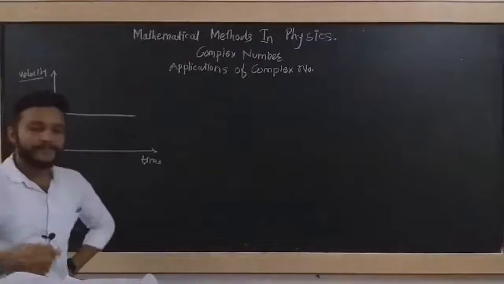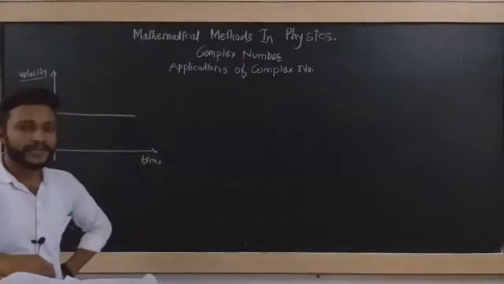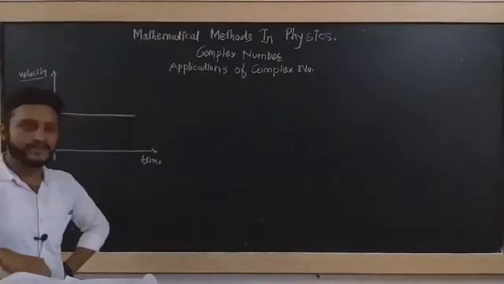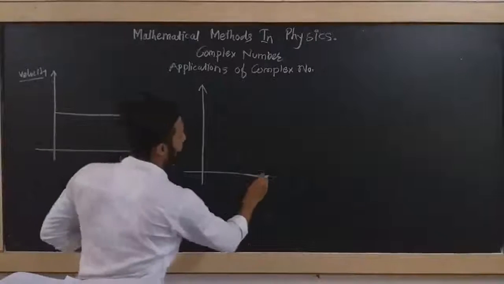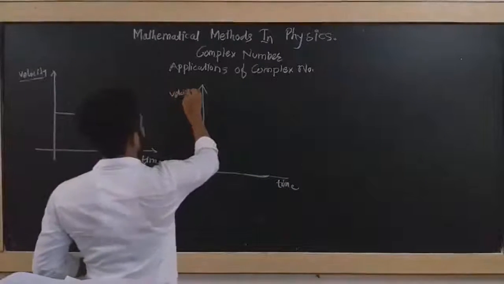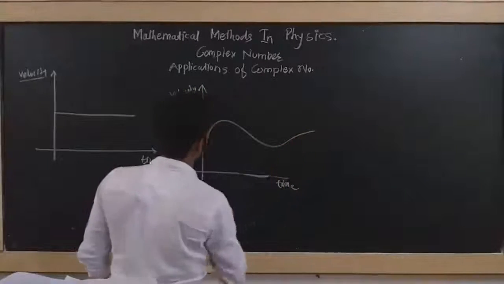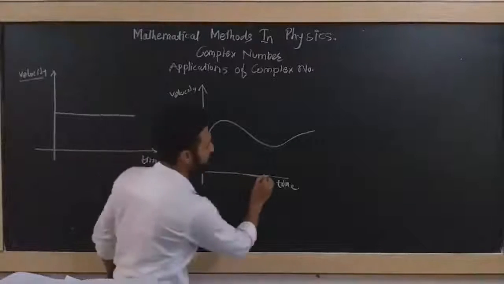But if the car is moving along a curve, its velocity is not constant, although its speed is constant. Therefore, the velocity and time graph might be something like that, because the velocity is continuously changing with time.